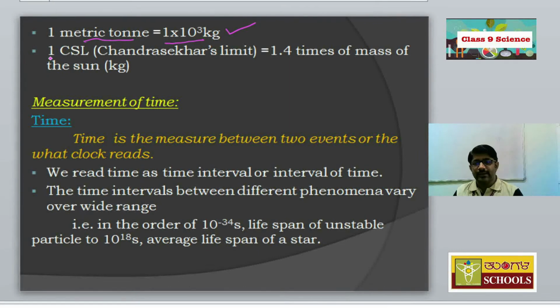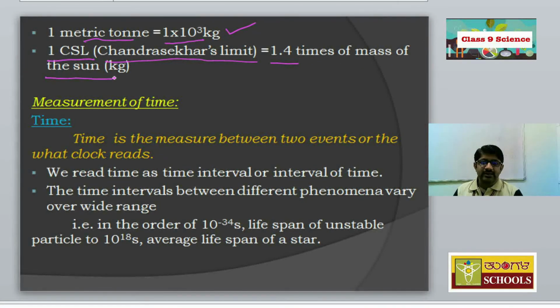Next one is 1 CSL. CSL is the shortened form of Chandrasekhar's limit. 1 CSL is equal to 1.4 times the mass of the sun.